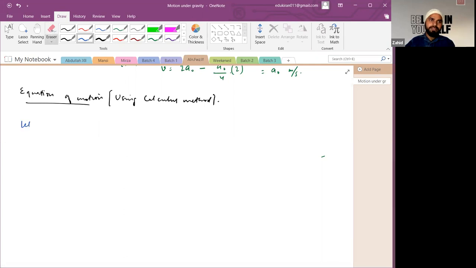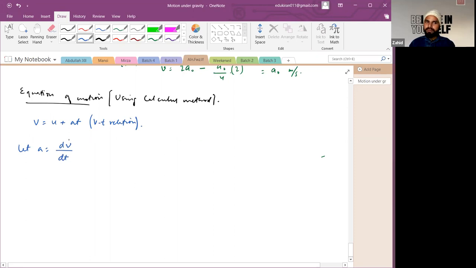Let the first equation be v is equals to u plus at, which is called the velocity time relation. Velocity and time will define acceleration. So let's say acceleration is equals to dv over dt. We have to calculate velocity, so move this dt to the other side. So it will be dv is equals to a times dt.